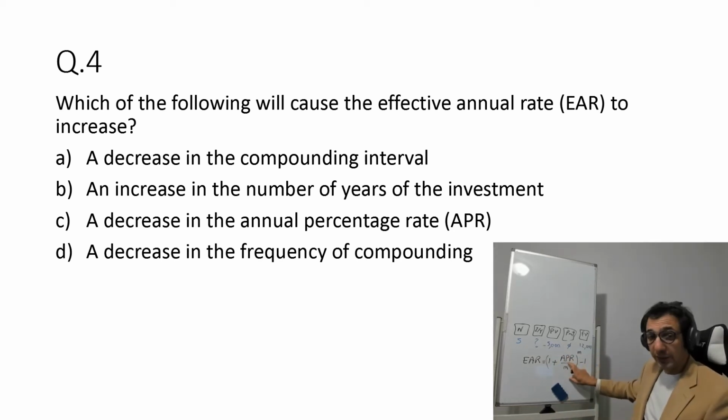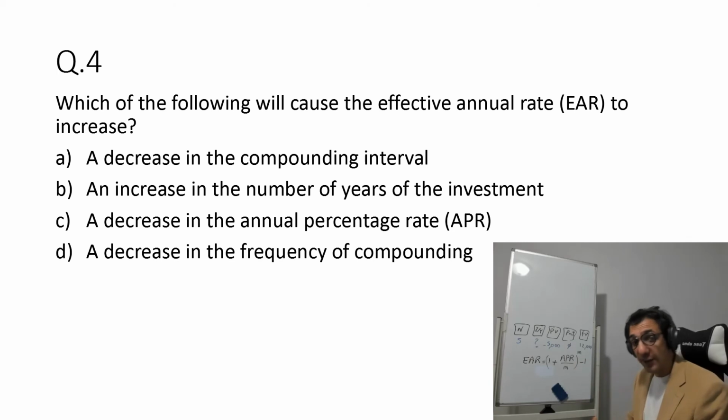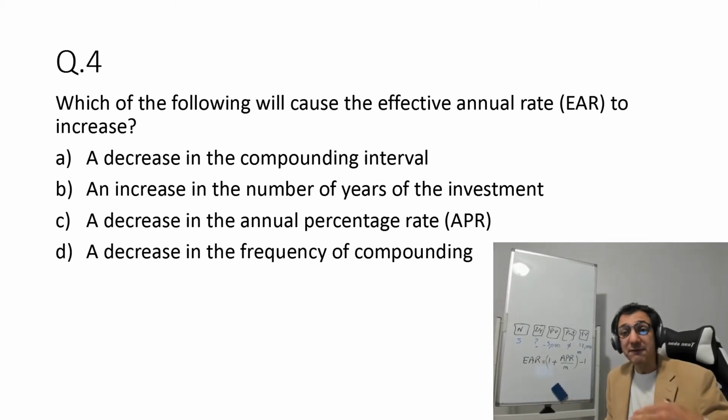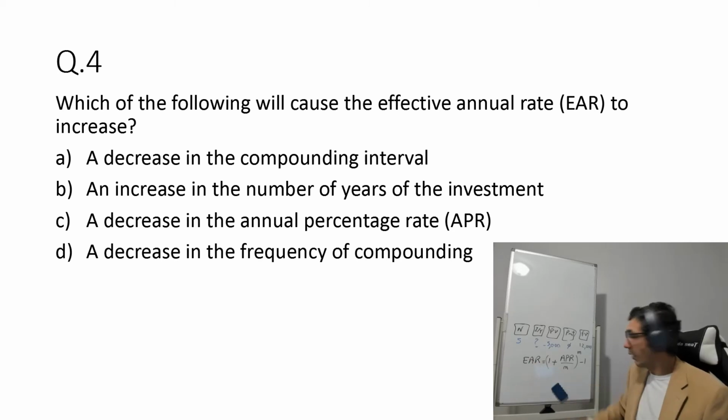APR was your annual percentage rate, M was the frequency of payment or frequency of compounding, and EAR was the effective annual rate. And we mentioned as the frequency of payment is going up, the EAR will go up. As the APR is going up, the EAR is going up. So these two are directly related.